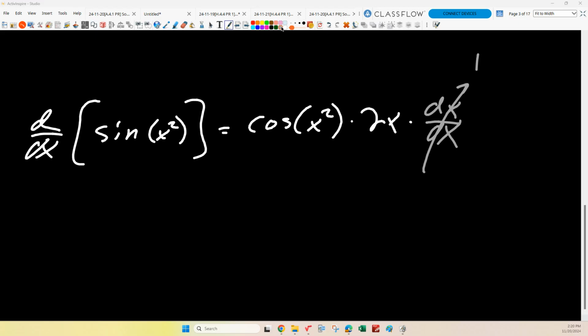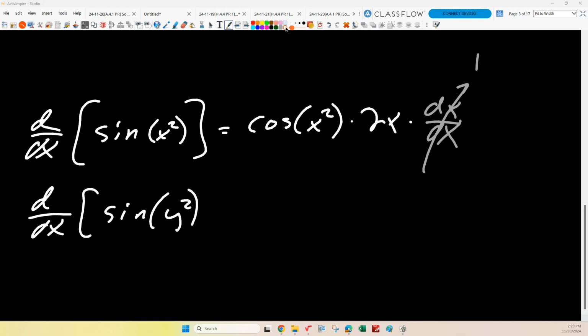Okay? So what if I did the same thing, only now the sine is of y squared? The only difference is that last layer is no longer invisible, right? I'm going to do the very same stuff I did before. I'm going to differentiate from the outside to the inside. The derivative of sine hand is cosine hand, right?